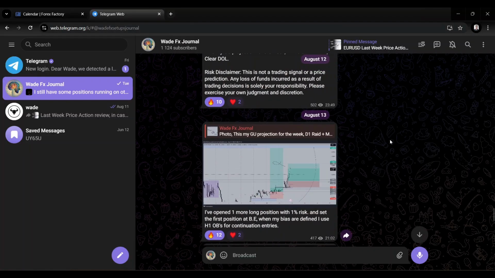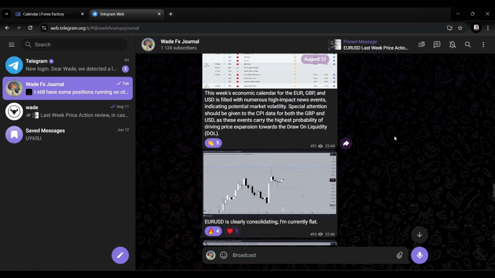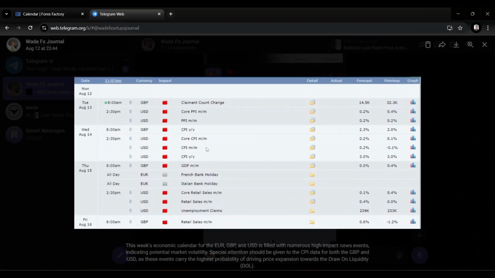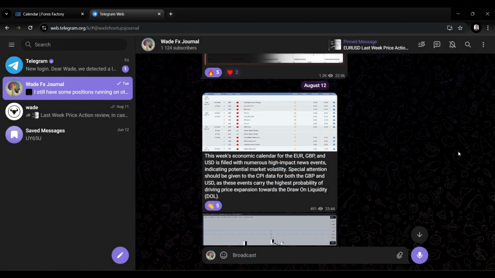So basically, there is no hindsight behind these trades, because it's easy to look at the market backwards and think that you're already an expert, but there's no hindsight bias. Last week, I updated everyone and told them that I was expecting a little bit of volatility coming into the market to expand the price to the draw.